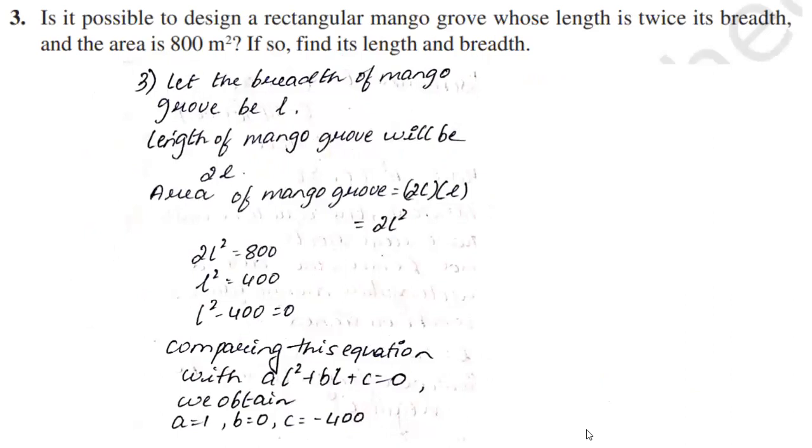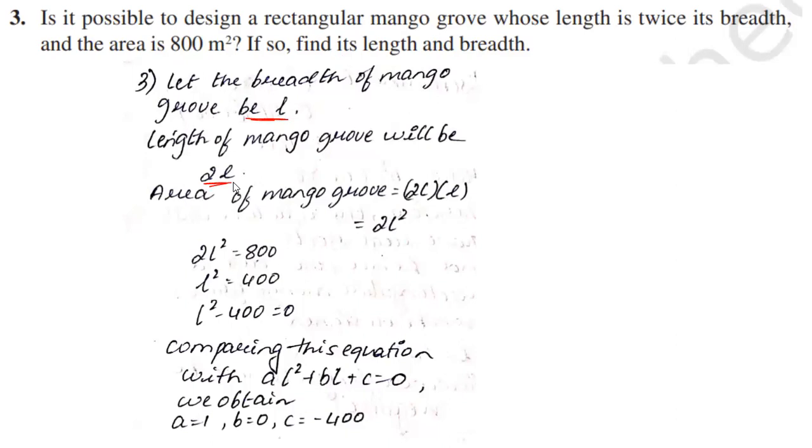Is it possible to design a rectangular mango grove whose length is twice its breadth and area is 800 meters square? If so, find the length and the breadth. So read the question carefully. Breadth is L. Length will be twice its breadth.